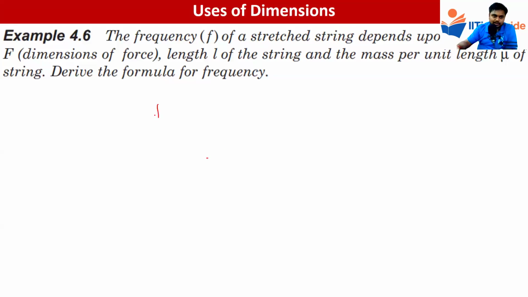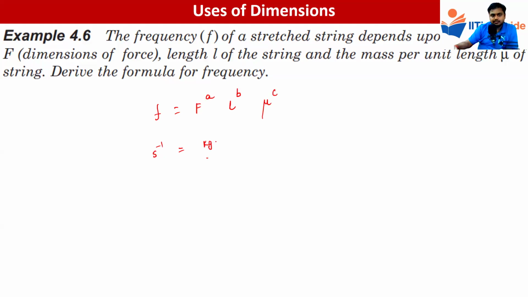Let us do it like this. F is equal to force to the power A, length to the power B, mass per unit length, mu, to the power C. Frequency is per second.